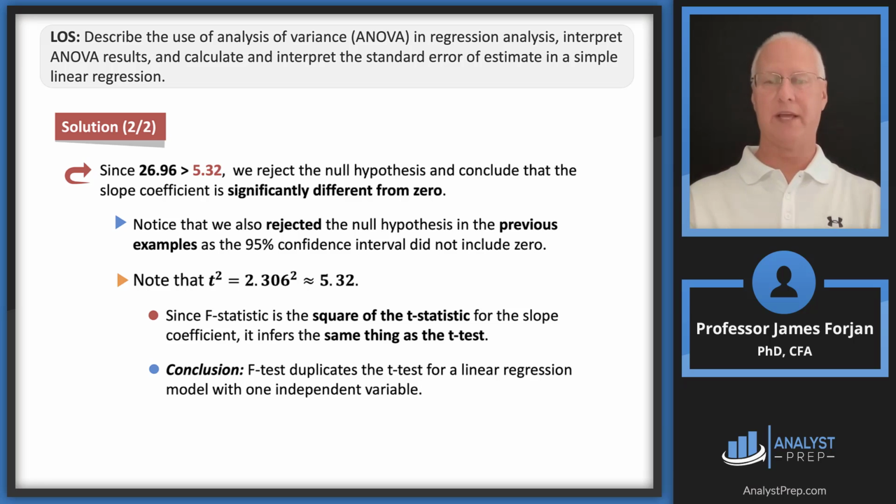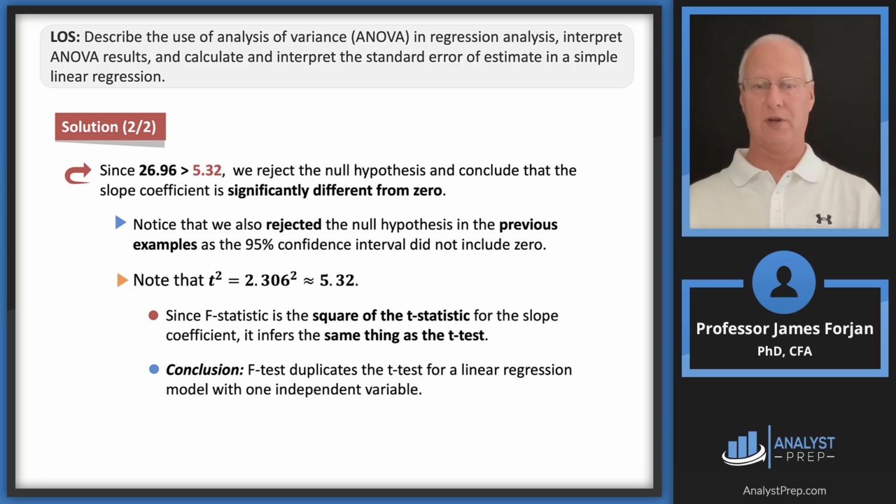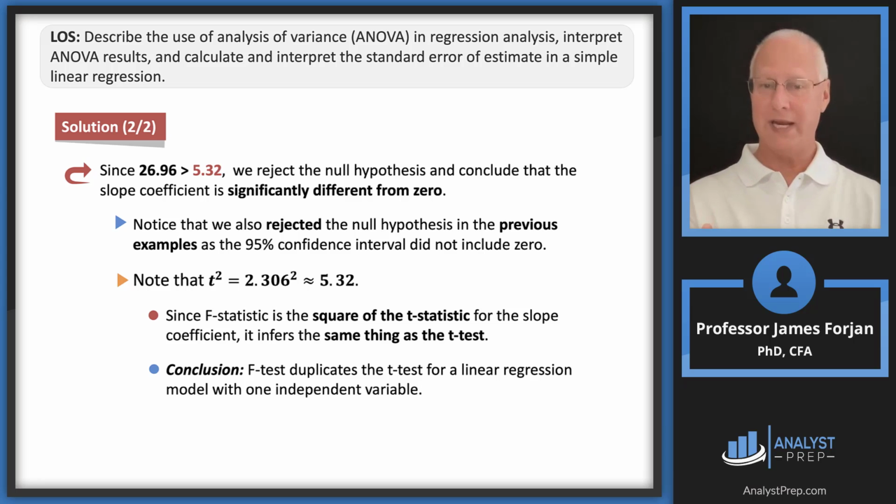Now, a couple of interesting things here. I want to call your attention to our bottom bullet point there. The F-test duplicates the t-test for a linear regression with one independent variable.